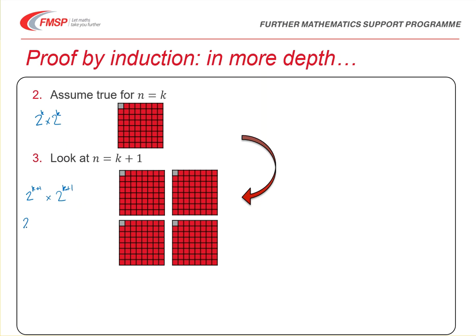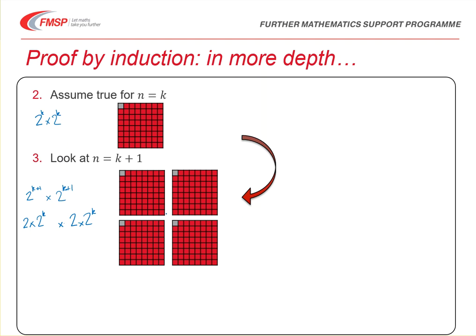And given that this is two lots of 2 to the k, I've got a 2 times 2 to the k by a 2 times 2 to the k grid. I simply need to take my grid of size k and make 4 copies of that grid, which can all be completely tiled according to our assumption, and put those together to make the k plus 1 grid.